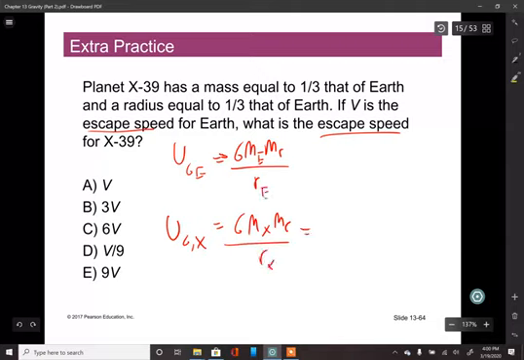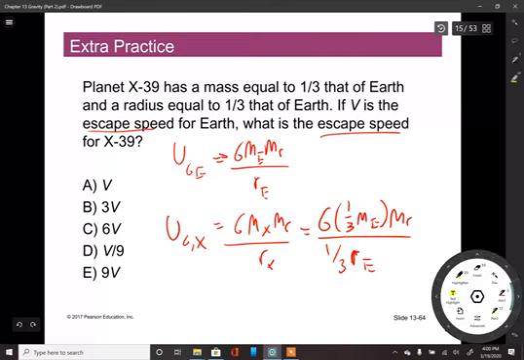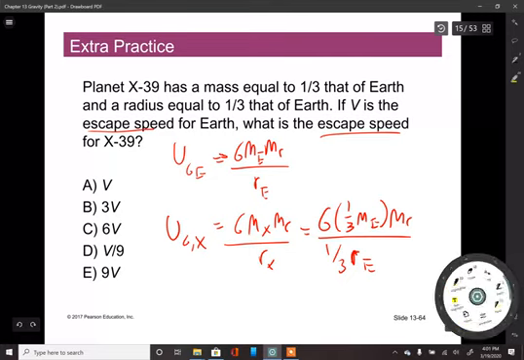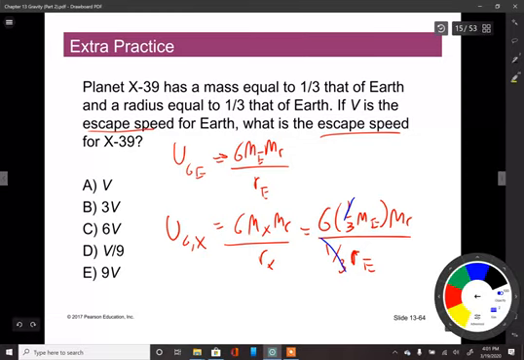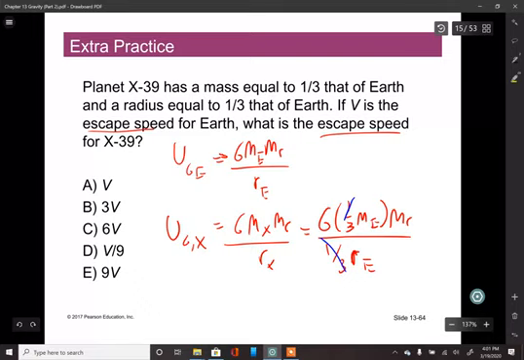But we know a relationship between the mass of the Earth and the mass of planet X, and we also know a relationship for the radius. And I see something quite nice here: we have a 1/3 and a 1/3, which cancels. And so now the potential energies on the surface are exactly the same. If the potential energies on the surface are exactly the same, you need the same amount of kinetic energy to escape, and therefore you need the same speed. So it's got to be A.